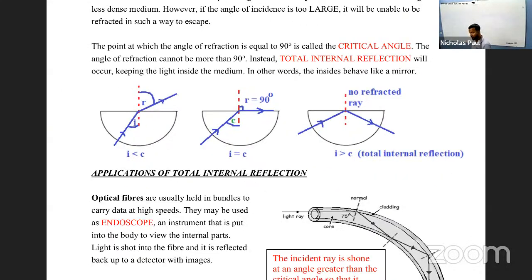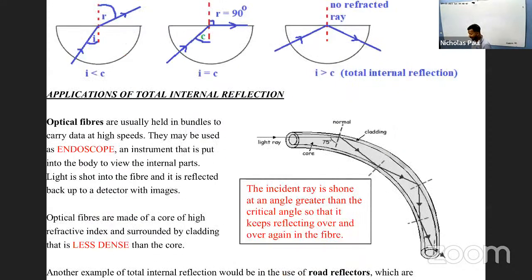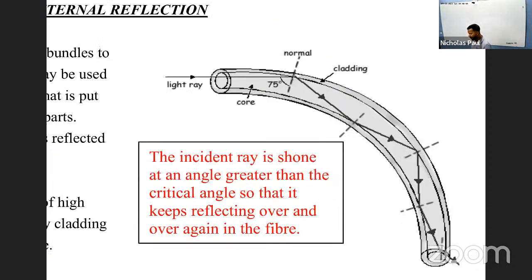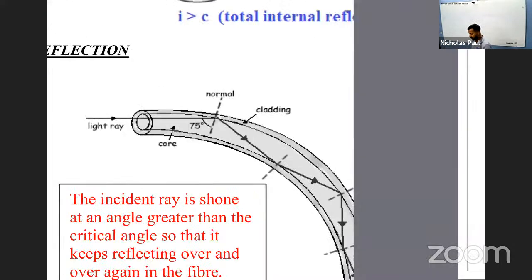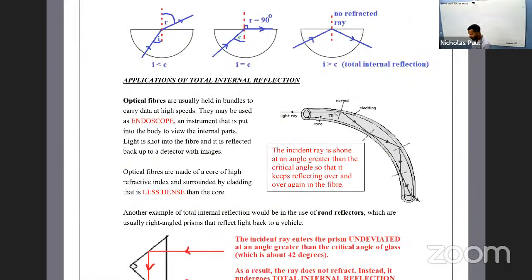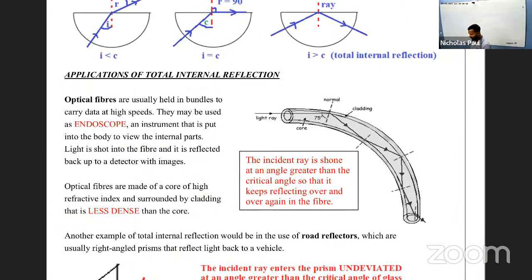Here's an example of where total internal reflection happens, like in fiber optics. If you had a light ray in the fiber optics, it's constantly totally internally reflected. So it's not coming out of the medium. It's just reflecting and staying inside the medium.